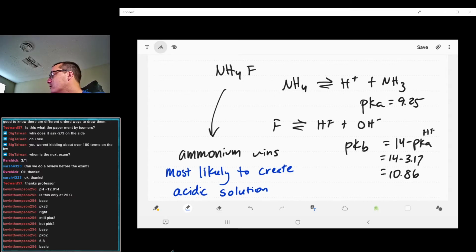No, we have no constants given to us. But we're going to see that this is going to be a little bit acidic. You can see the pKa and pKb are pretty close here, so it's going to be kind of a little bit acidic. It's not going to have a huge acidity, but the acid is going to win out here.